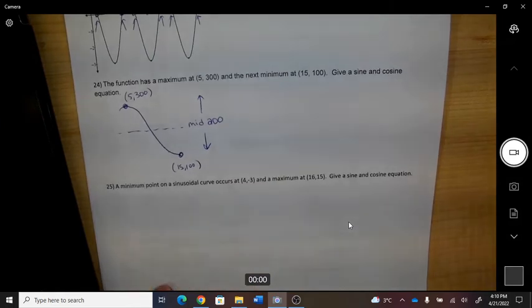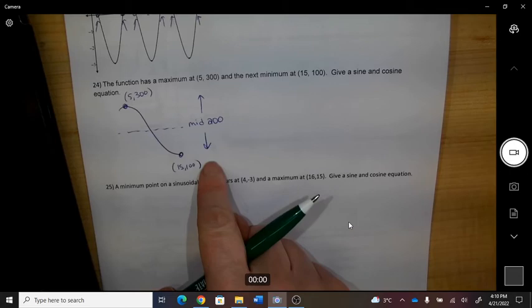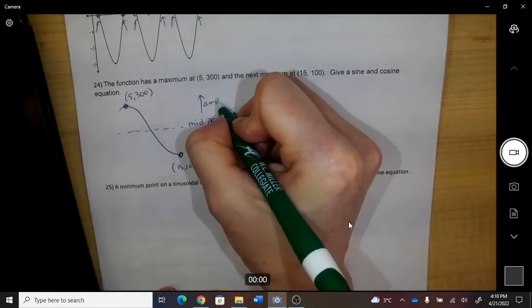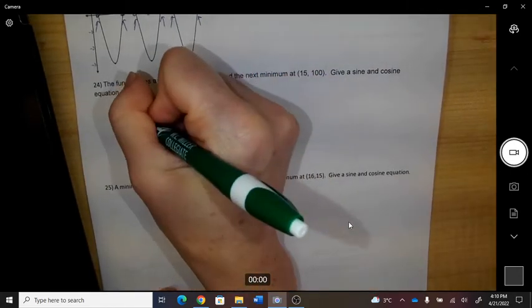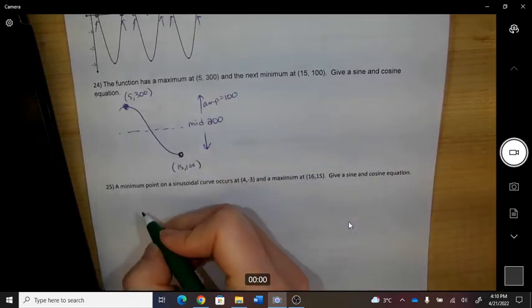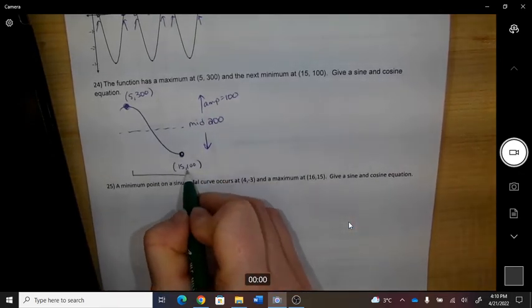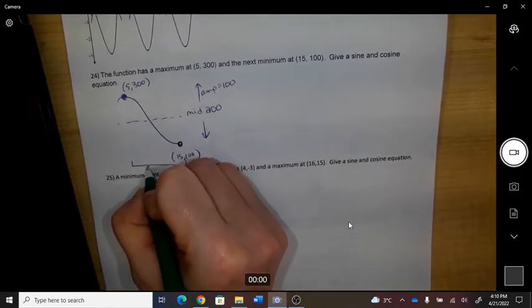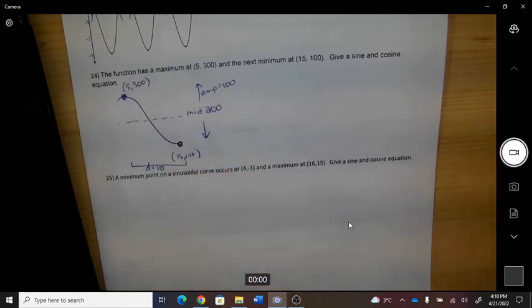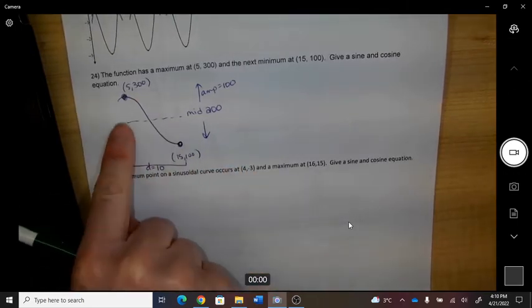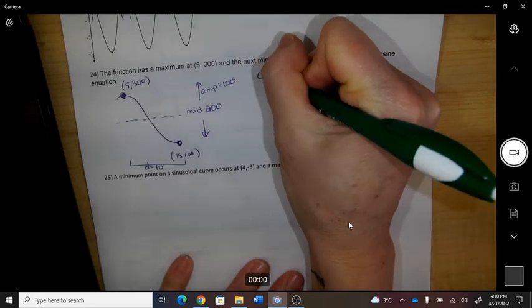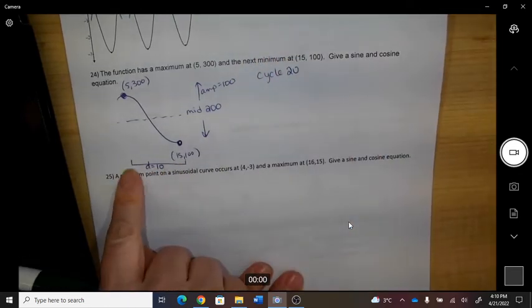And how much are we spanning above 200 and below? So this is 100. Okay, the period. So this distance is 10 apart, but this is not a cycle. So my whole cycle is 20. This is a half of a cycle.